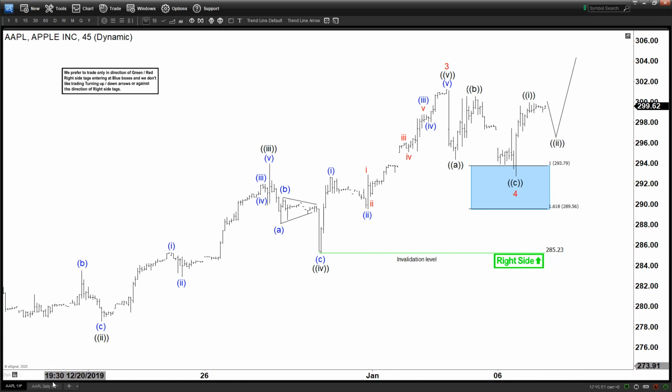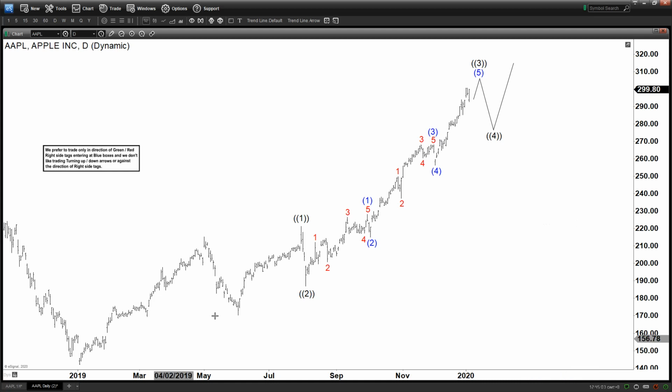Okay, so this is the daily chart. The larger degree is a partial label, just to give an illustration here. If we look at it from this low here, which is the June 3rd low, we could see that we got what looks like a 1-2 and then a very extended move.